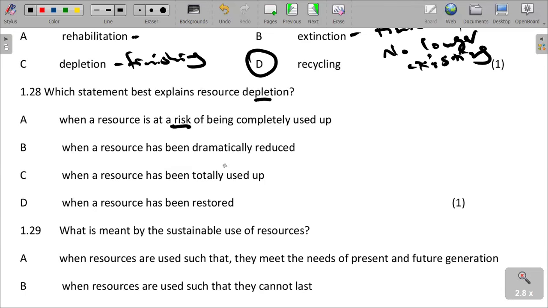Number 28: when a resource has been restored is not it. Restored, we can say rehabilitated.